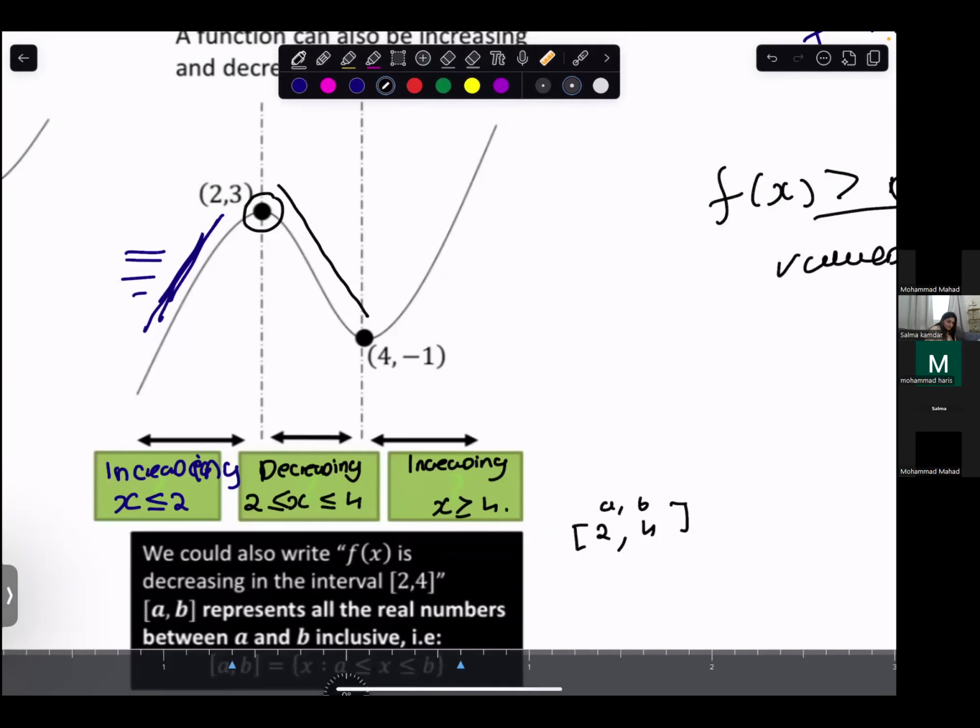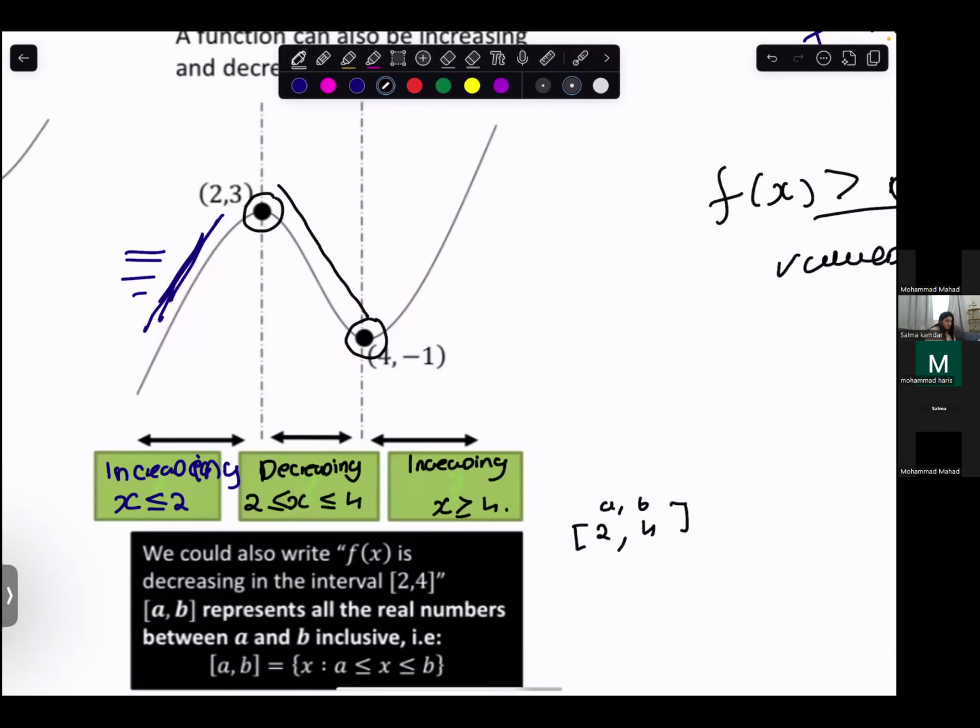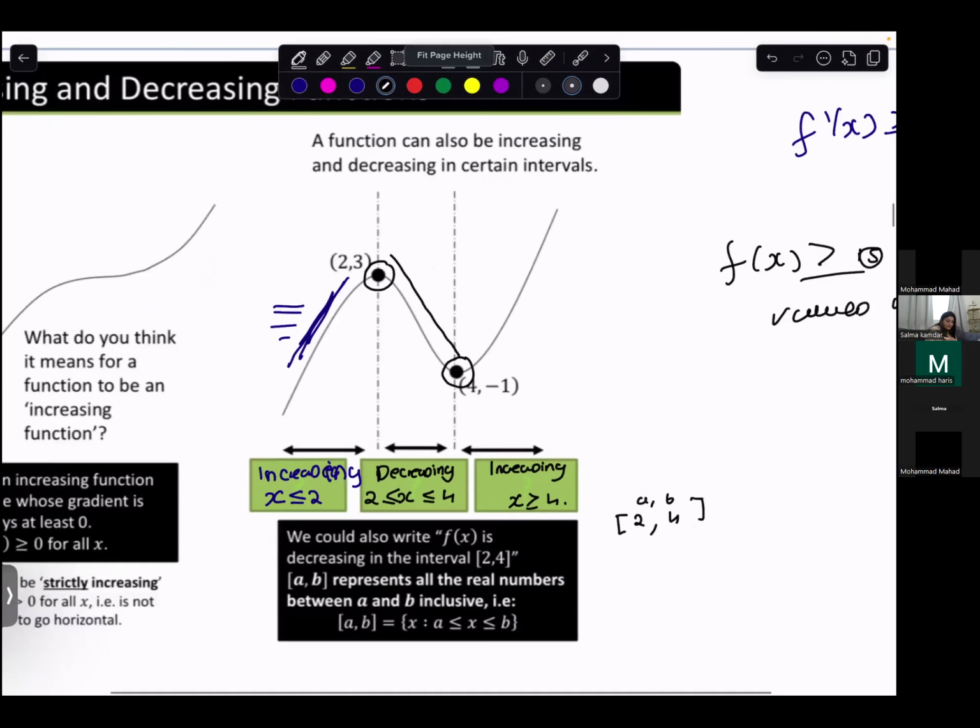Now, how about this point? When my x is equal to 2, tell me, is my function increasing or decreasing? Say it properly.